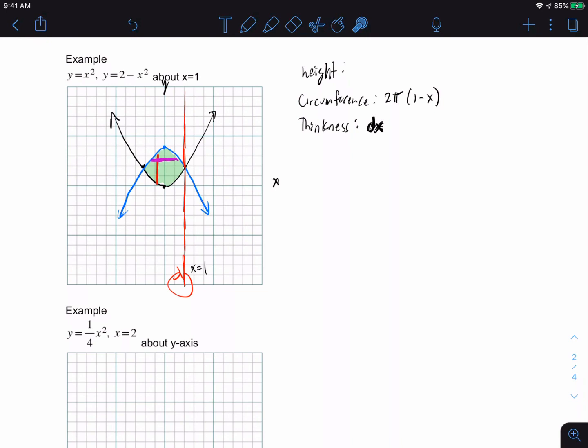But since our slice can be anywhere in that shaded region, let's say we call it x, right? So if x is right here, that would be like a half, right? So the half that's being stated right here is from the origin going to the right. But I'm not rotating from the origin, I'm rotating from this line.